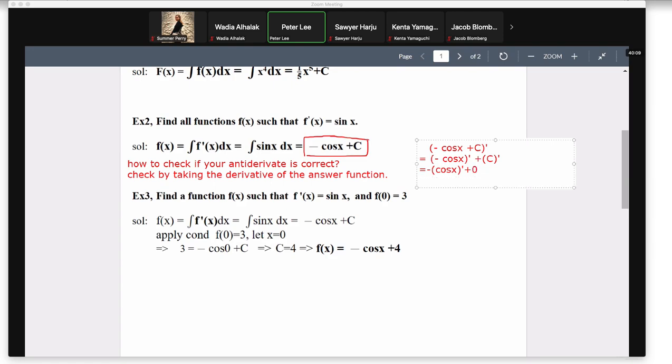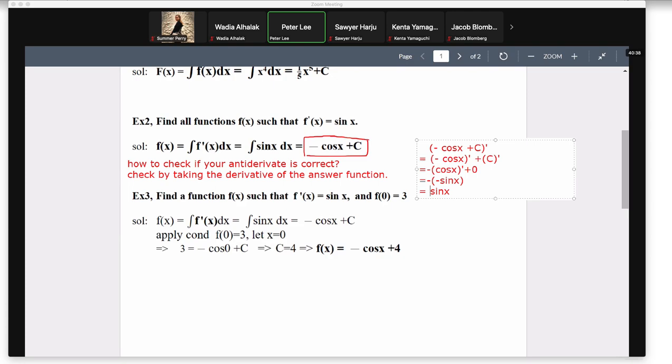The derivative of cosine x is minus sin x, so we end up getting sin x. Of course, you don't need to write all these steps. The derivative of minus cosine x plus c is sin x. If you do that in one step, I'm not going to stop you. But anyway, these are all the details.